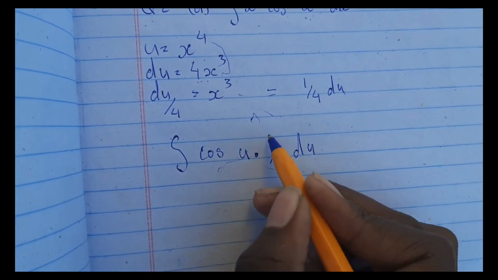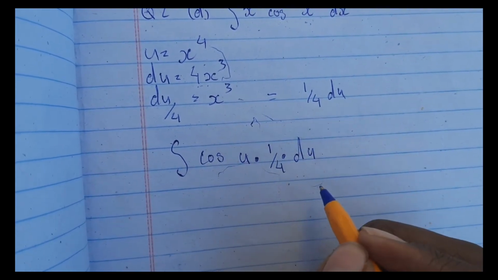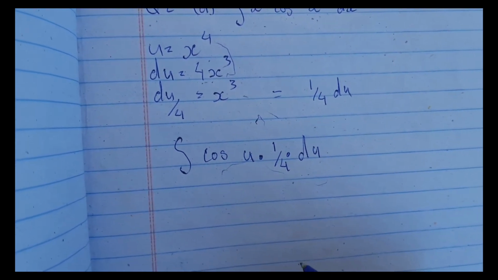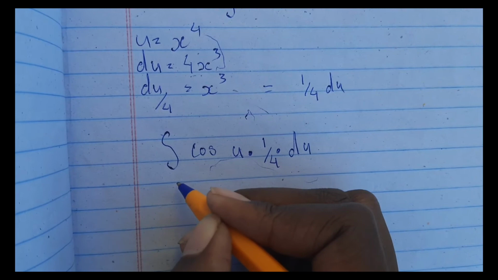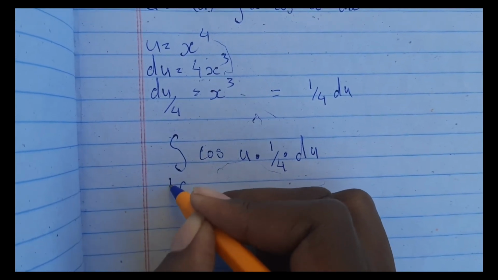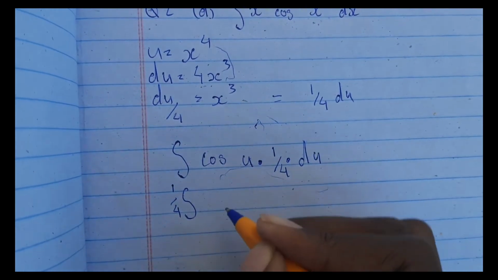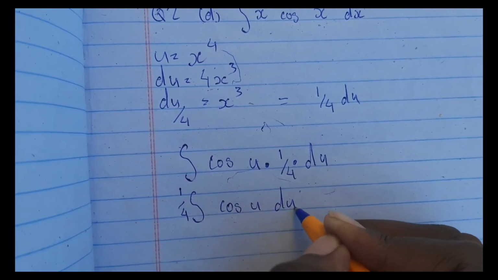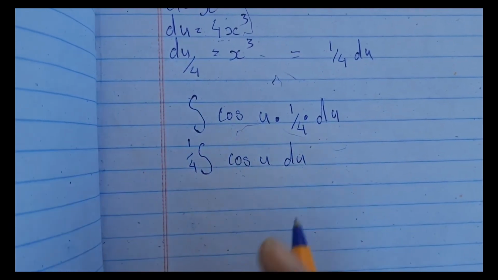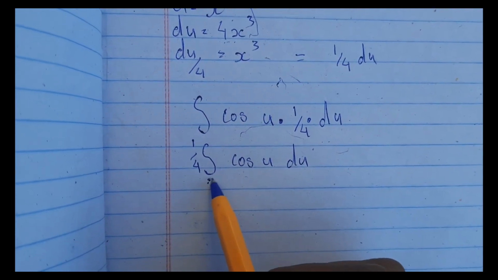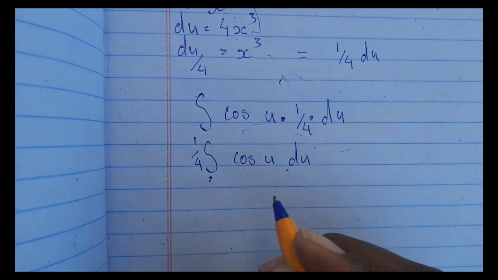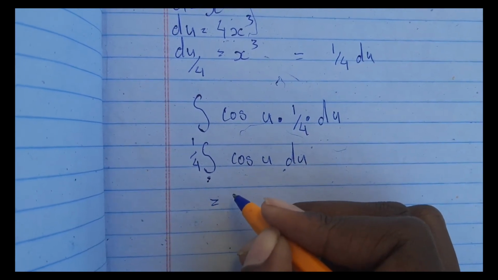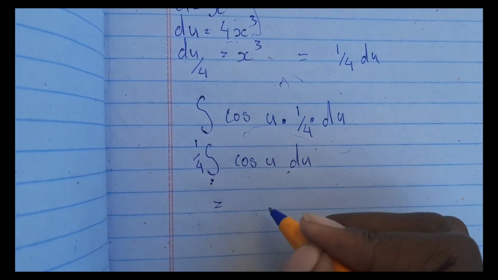We're going to pull out this 1 over 4, because that's the beauty of integration: you can pull out the coefficients to make life easier for yourself. So 1 over 4 is outside, leaving you with the integral of cos u du. The integration symbol and the du move together, so when you finally give your answer, the du and the integration symbol both go away.